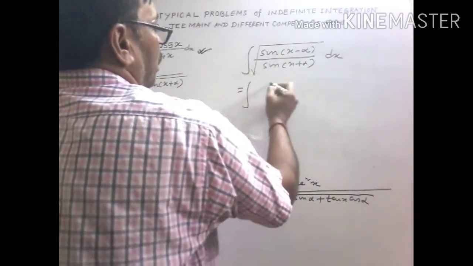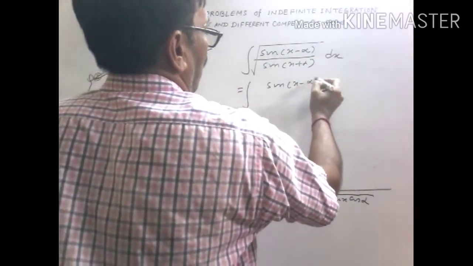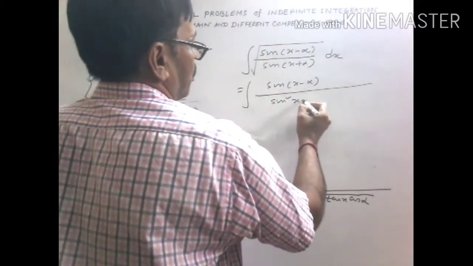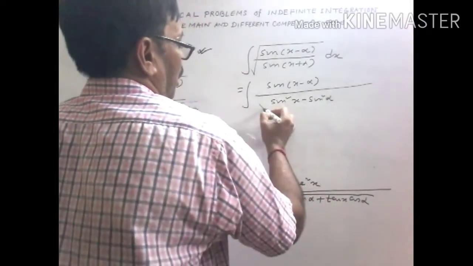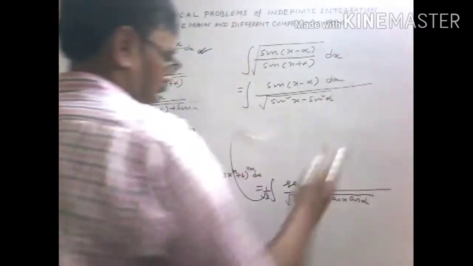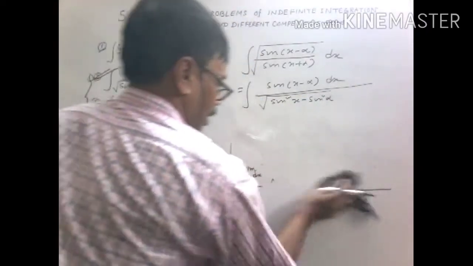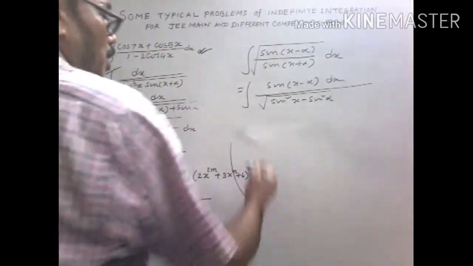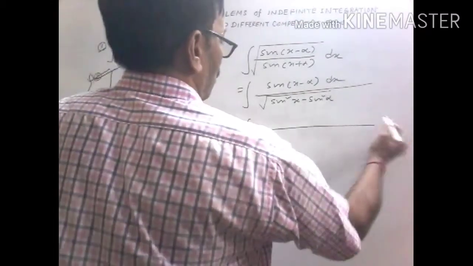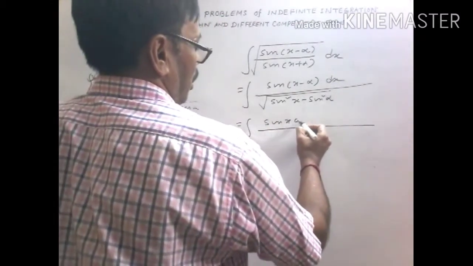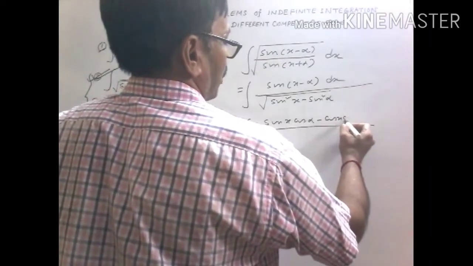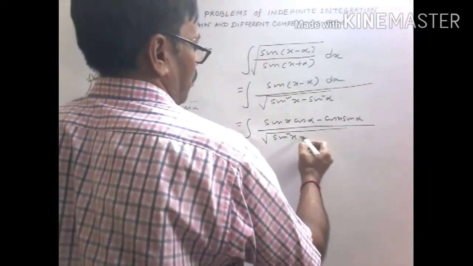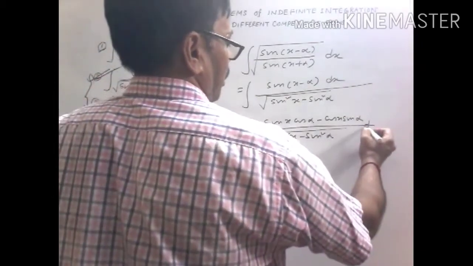So we multiply by sin x minus alpha, and this one is sin x plus alpha times sin x minus alpha, so sin square x minus sin square alpha, obviously. Now look at this one. Using the formula of sin x minus alpha, sin x cos alpha minus cos x sin alpha, by root over sin square x minus sin square alpha, dx.